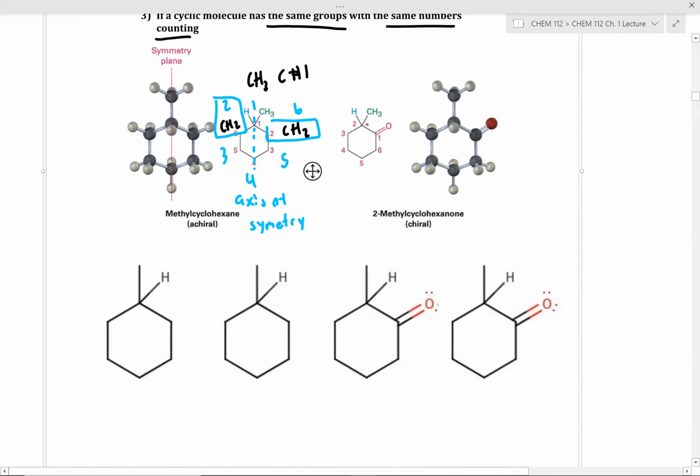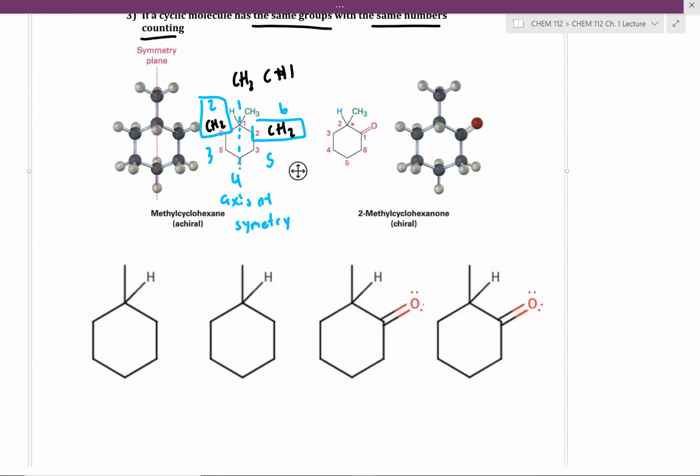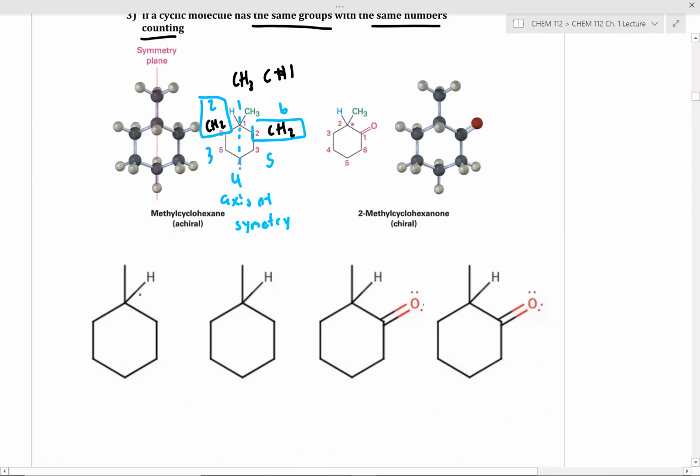So let's try this counting method one more time just to make sure. So counting 1, 2, 3, 4, 5, 6. So that's clockwise, and then counterclockwise, 1, 2, 3, 4, 5, 6. Now, as we see, if we compare our carbon 2, carbon 3, carbon 4, carbon 5, and carbon 6, we have the exact same substituents.